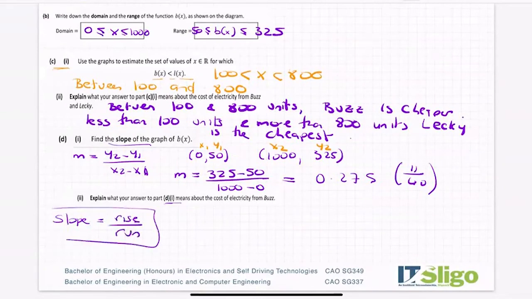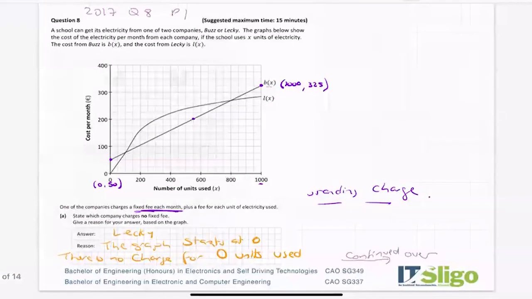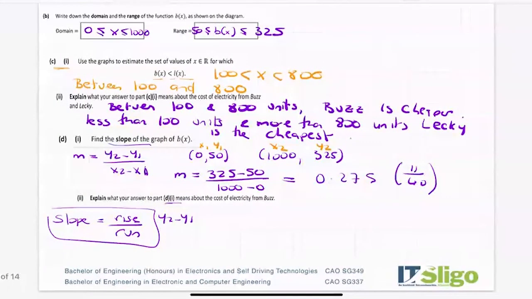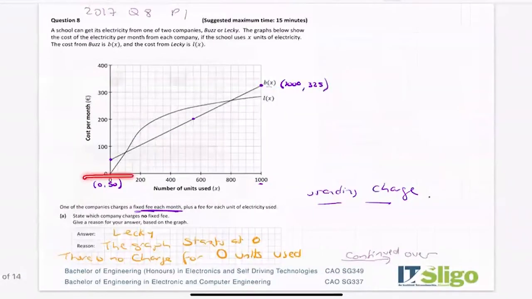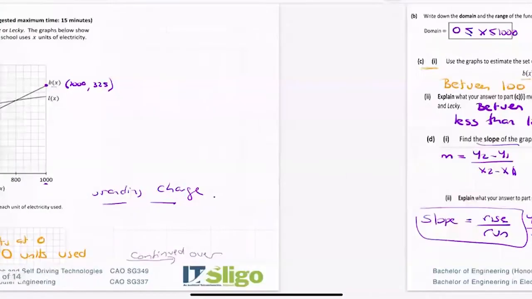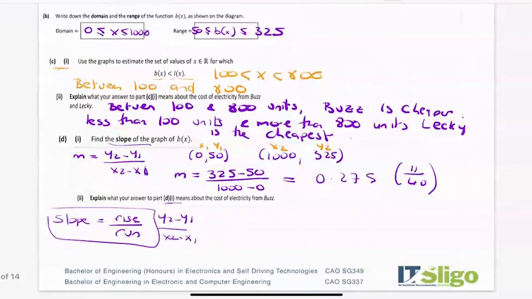You might have heard that. Rise being the y's, which is up and down on our axis. Our run is the x's, which is here.